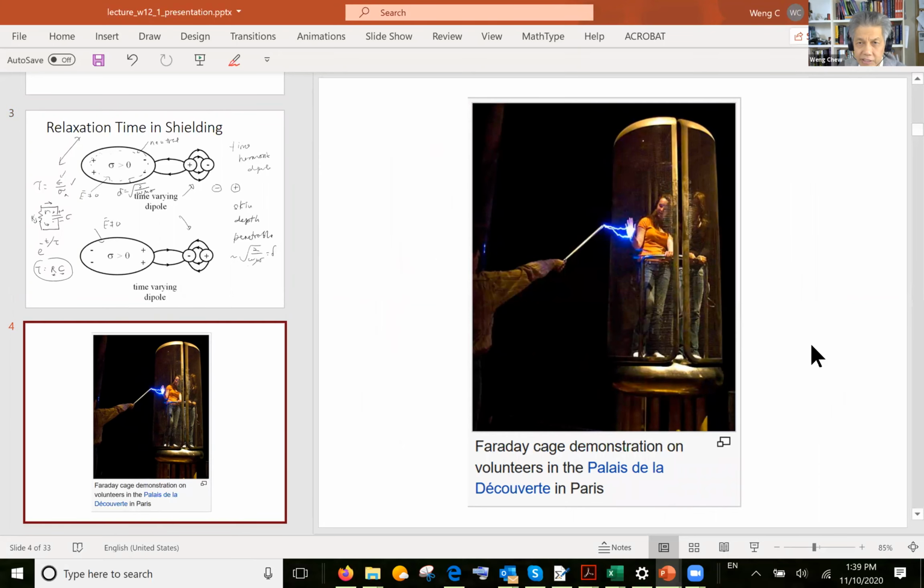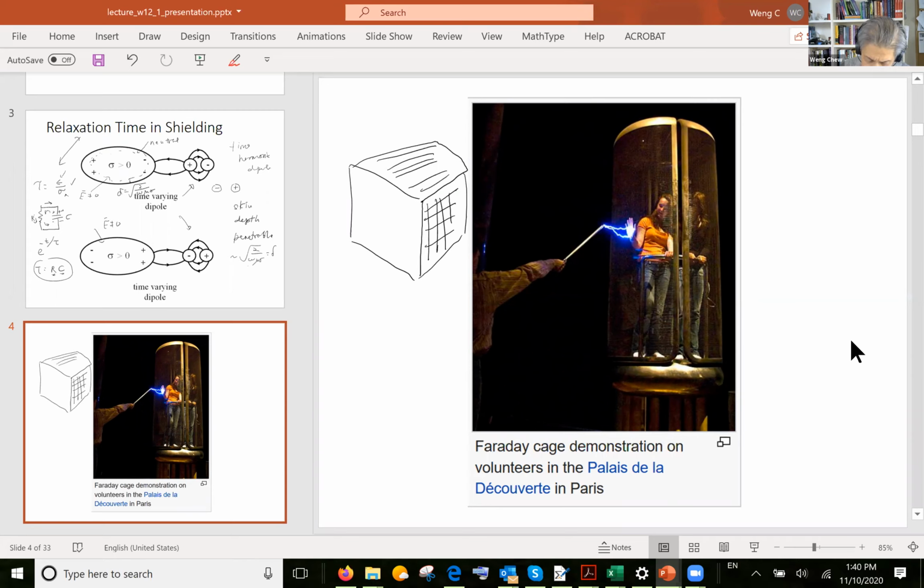So you have the concept of a Faraday cage. How do I make a Faraday cage? If I make a cage out of metal mesh, it doesn't have to be a very good conductor, but a wire mesh good enough so that currents can flow, if it is grounded. Then you put a source very close, like a positively charged source connected to a generator and connected to a ground on the other side.